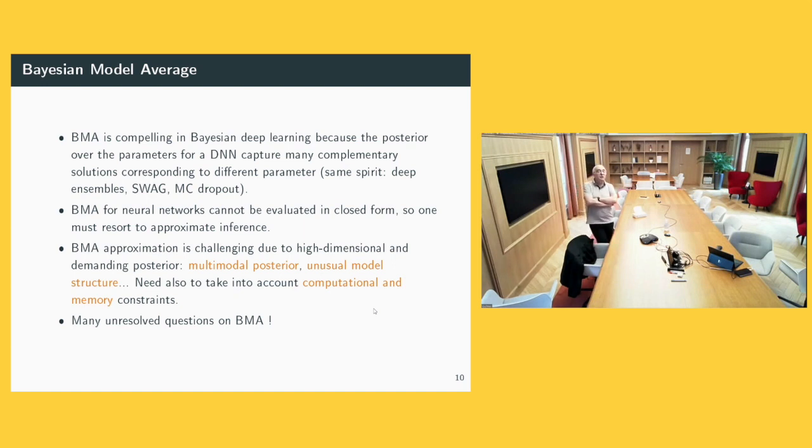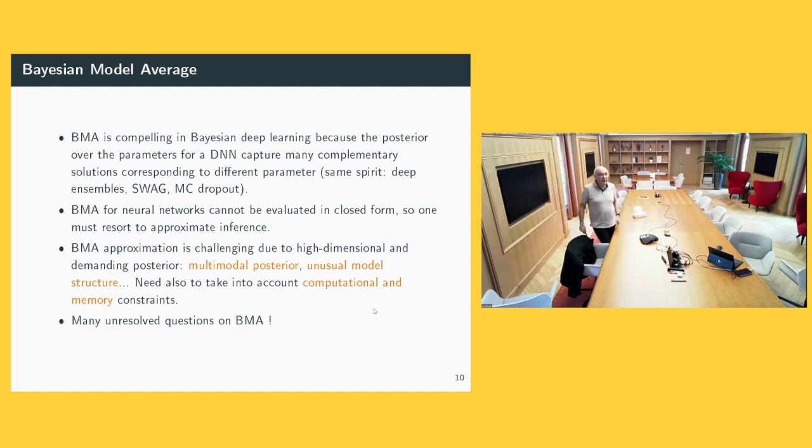All the methods which have been used to do uncertainty quantification for deep nets basically use the same type of techniques. It's the same for deep ensembles. Deep ensembles are not at all Bayesian, but what you do typically is combine the parameters obtained from different initializations, and sometimes with some parameter sharing.